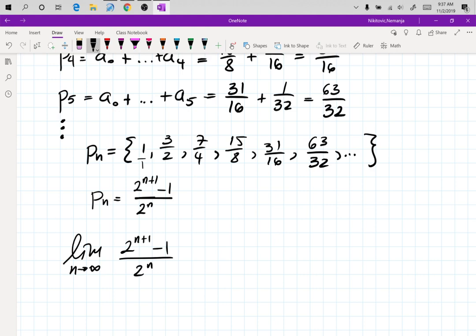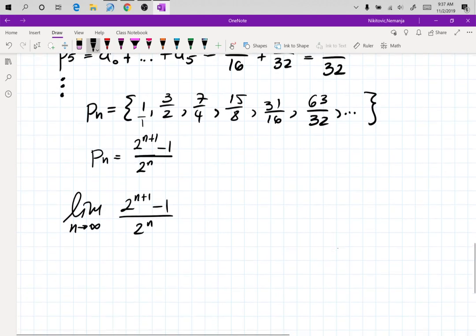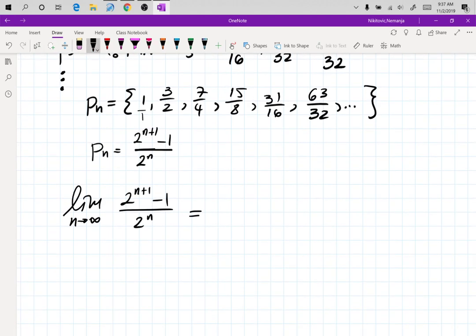So here are the properties. A property of the limit says that if you have addition and subtraction of terms, you can separate into two limits. Well, you have a minus in the numerator, which means this can split into two fractions with a common denominator of 2 to the n. So this immediately splits into two separate limits.